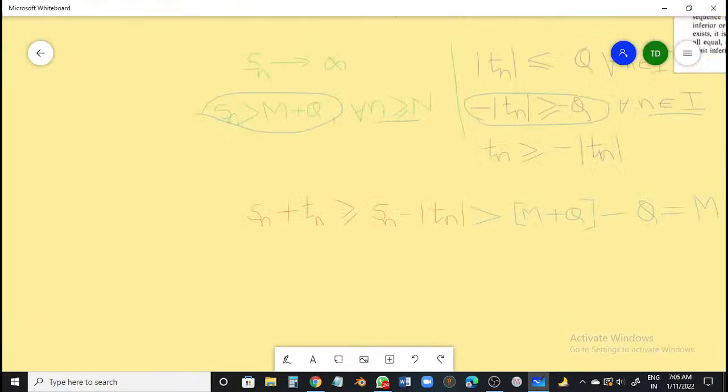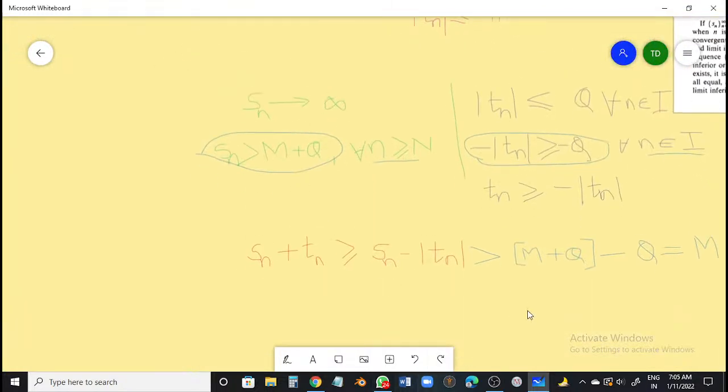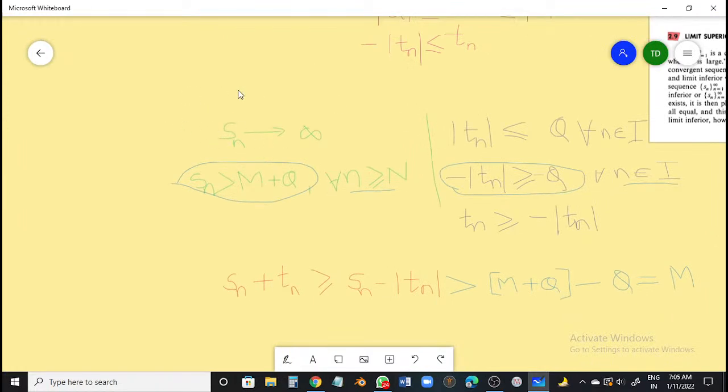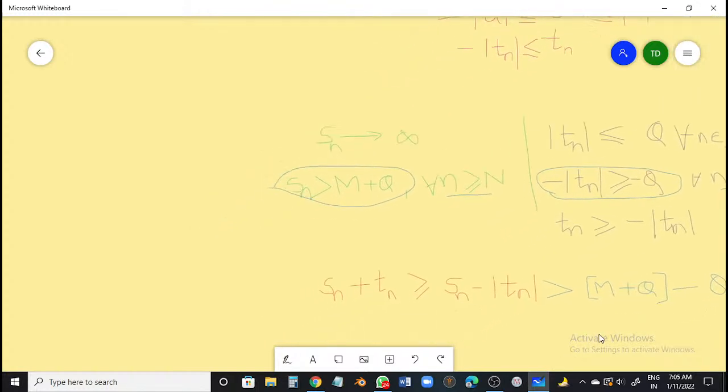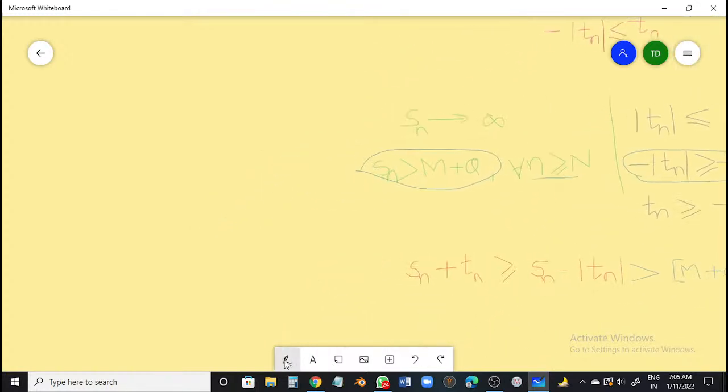So as we are saying, same kind of case here. Sn diverges to infinity, but Tn is convergent. If Tn converges to L, it will mean mod Tn is less than or equal to some fixed value.